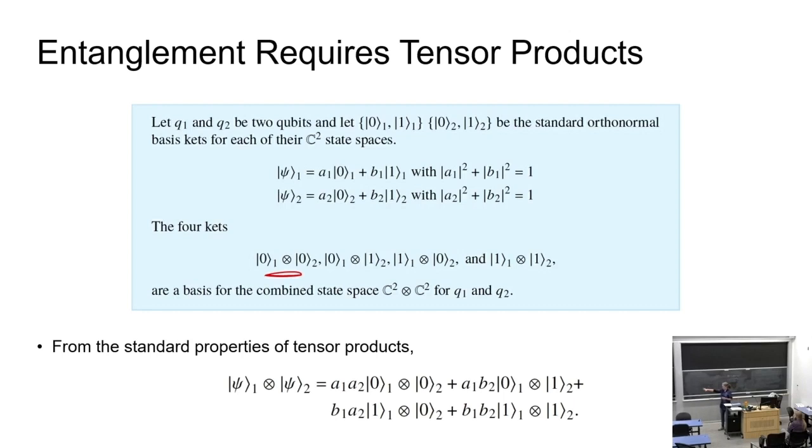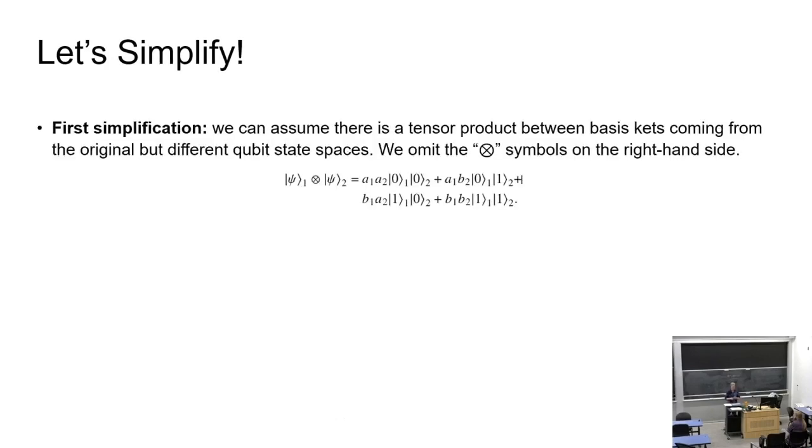So this seems kind of bulky, and that's why we're going to use the bra-ket notation to help us simplify things. The first simplification is that we can assume there's a tensor product between our basis kets coming from the original but different qubit state spaces.